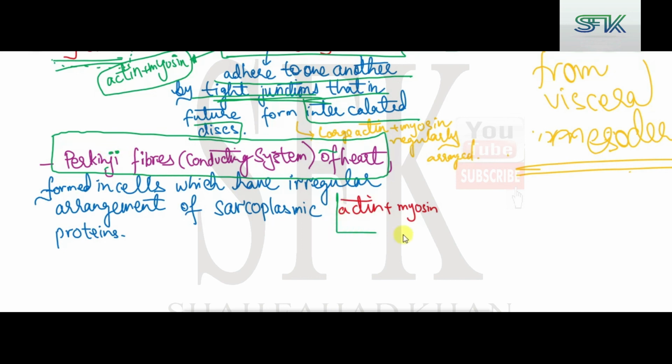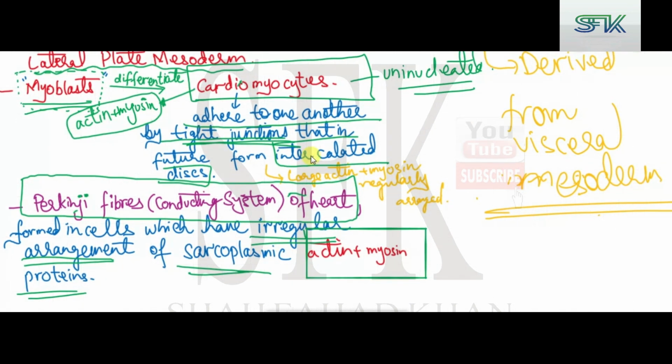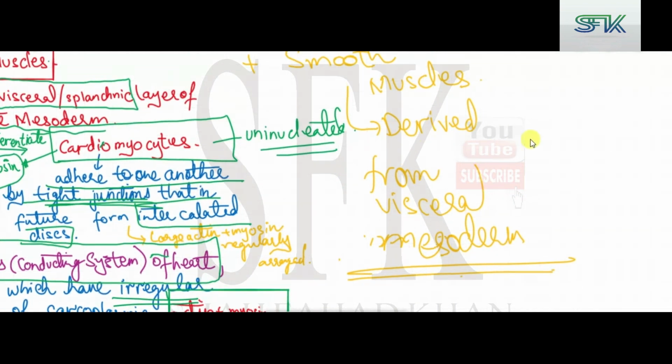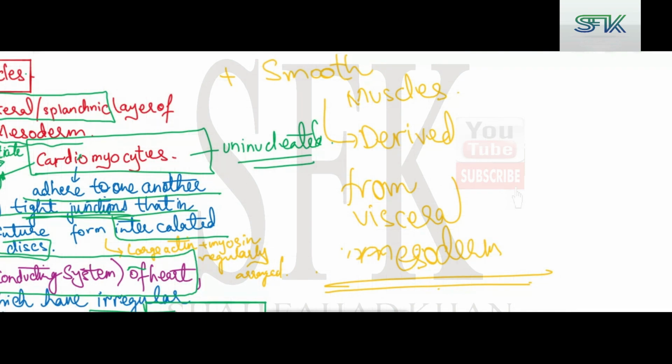The actin and myosin proteins, unlike the other normal cardiomyocytes, are not arranged regularly, but rather irregularly. This irregular arrangement of the sarcoplasmic proteins leads to the formation of the Purkinje fibers, and that's all you guys need to know for now. This will be dealt with in detail when we do the cardiovascular module. And the smooth muscles derive from the visceral mesoderm as well. Okay, so I guess that's that.